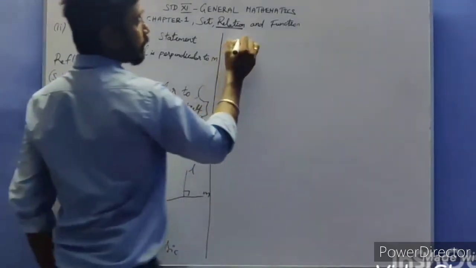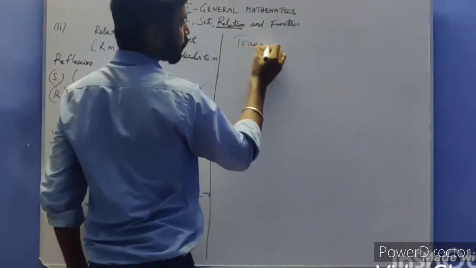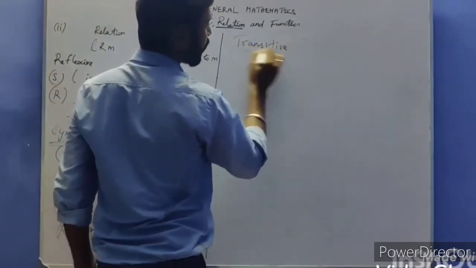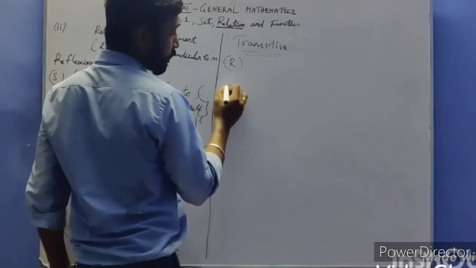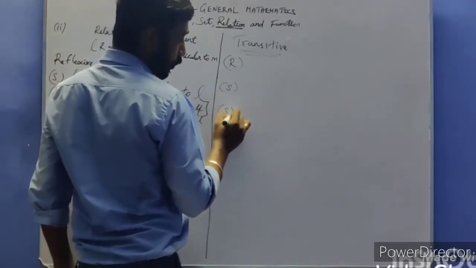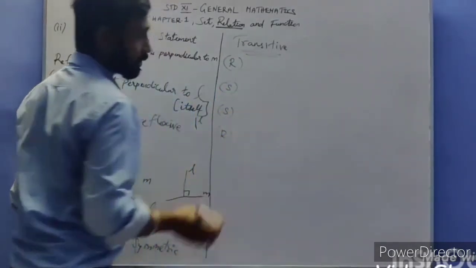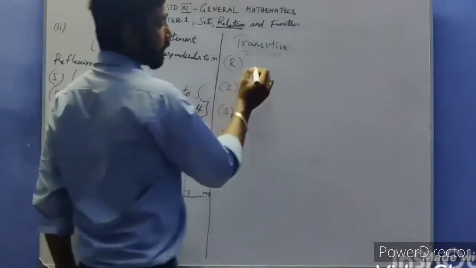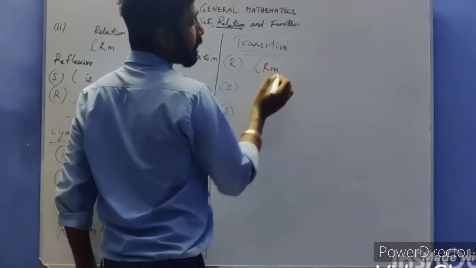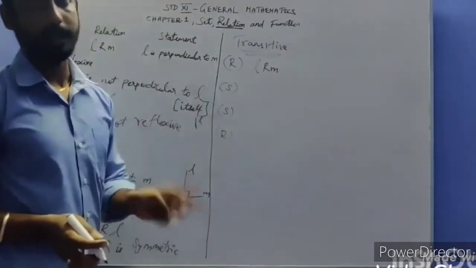So then we are going to see transitive. Now we are going to see transitive. What is the condition for transitive? Same procedure. One relation, two statements, again one relation. So now what is the relation here? L related to M. Transitive means a third person will enter here.